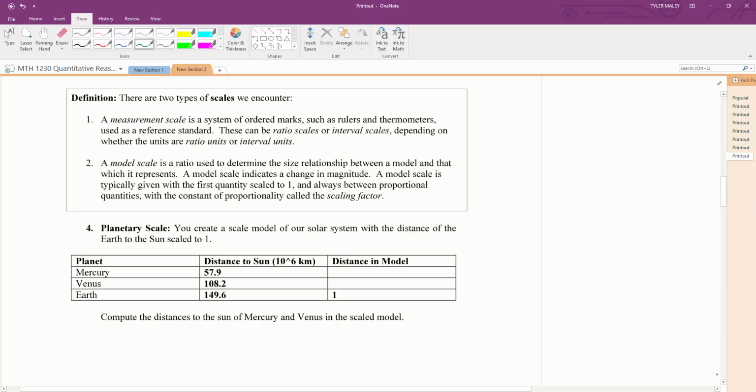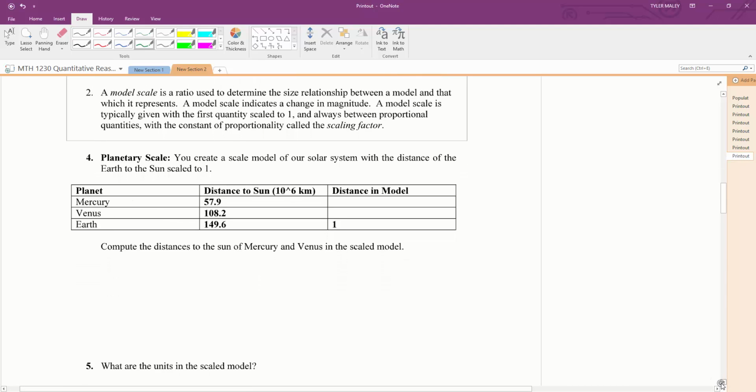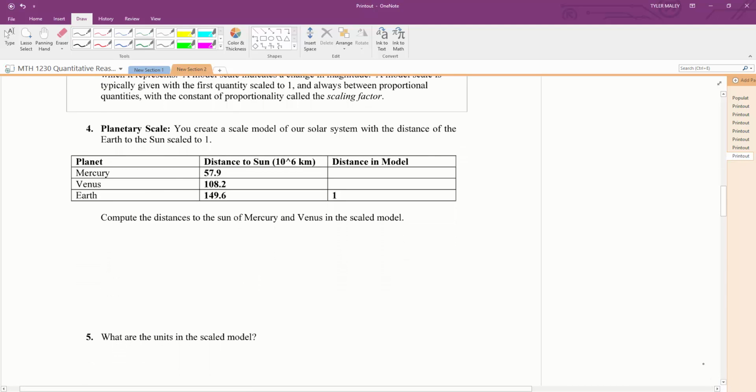So if you went to a science museum, and they wanted to, I don't know, maybe paint along the hallway how big the planets were and also show the distances the planets are away from each other, you could use mathematics, use proportions, to be able to do that.